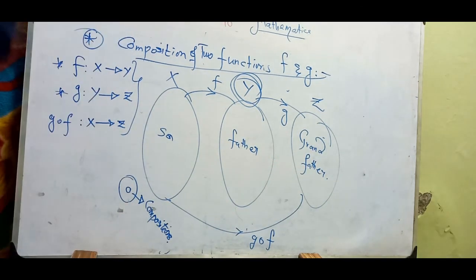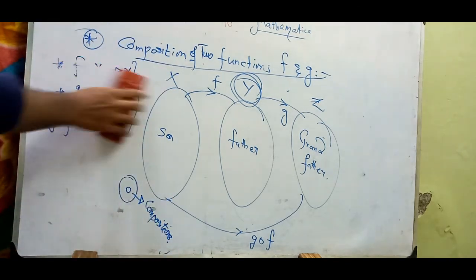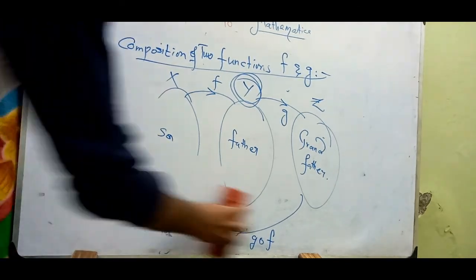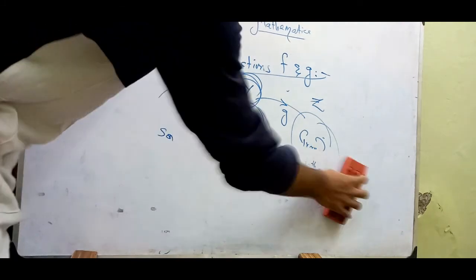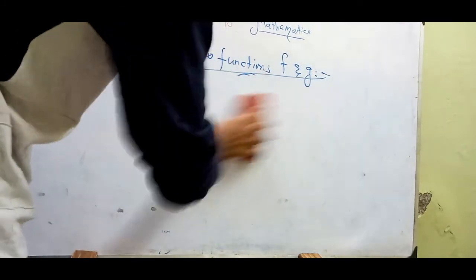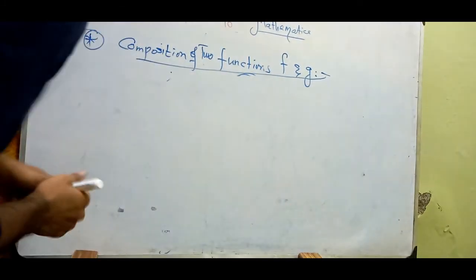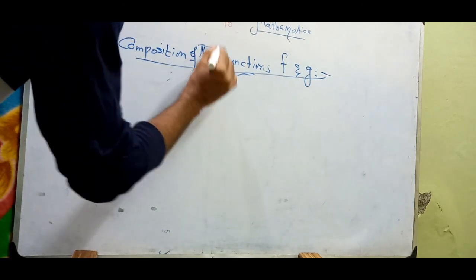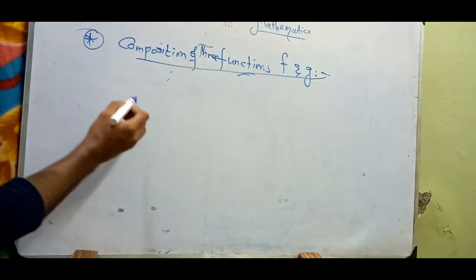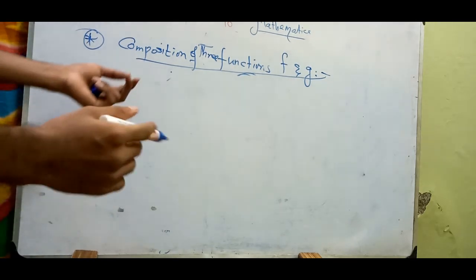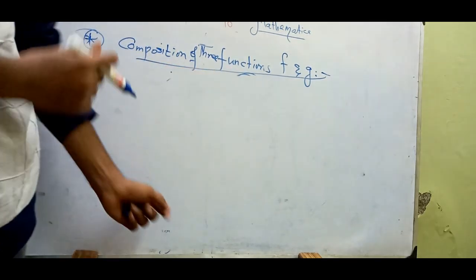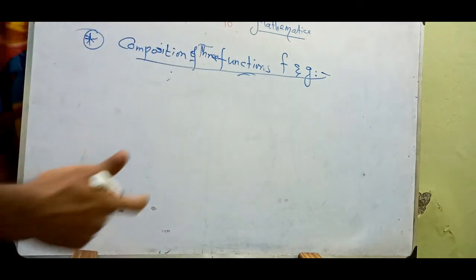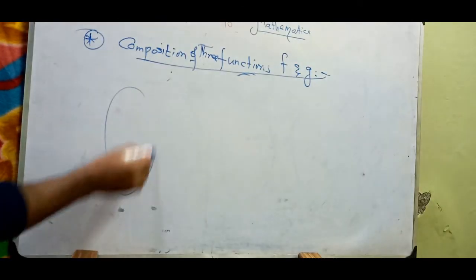Let us go through the composition of three functions. It is also the same manner. When I finish this composition of three functions, we will go to their properties and then we will see the exercise problems.